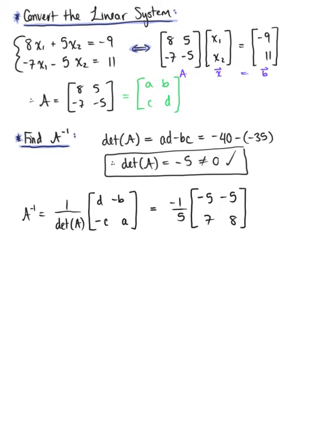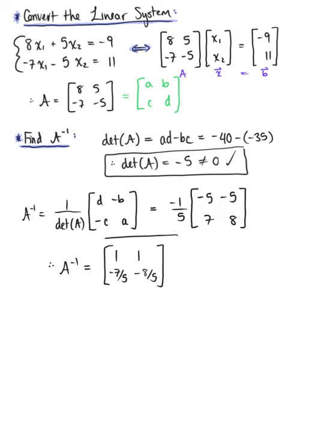And distributing that scalar multiple through, we have that the inverse of matrix A is equal to the 2 by 2 matrix whose entries are 1, 1, negative 7/5, negative 8/5.